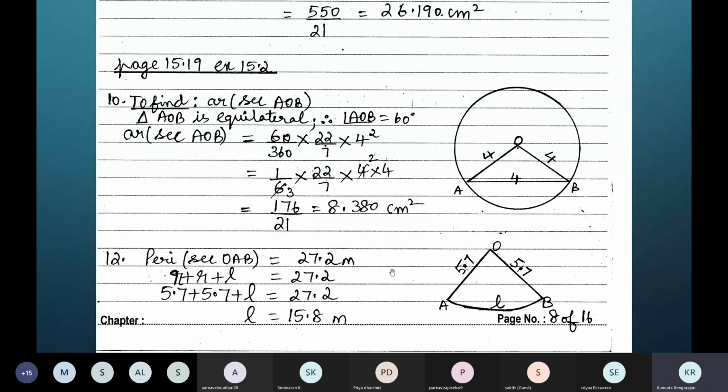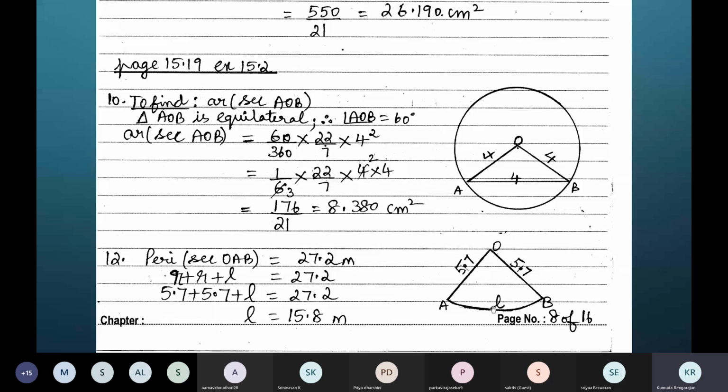But if your question is how to find the sector angle, since you know L is 15.8, how do you find the length of this arc? Theta by 360 into 2 pi r. Theta we do not know, so theta by 360 into 2 into 22 by 7 into 5.7 is equal to 15.8.